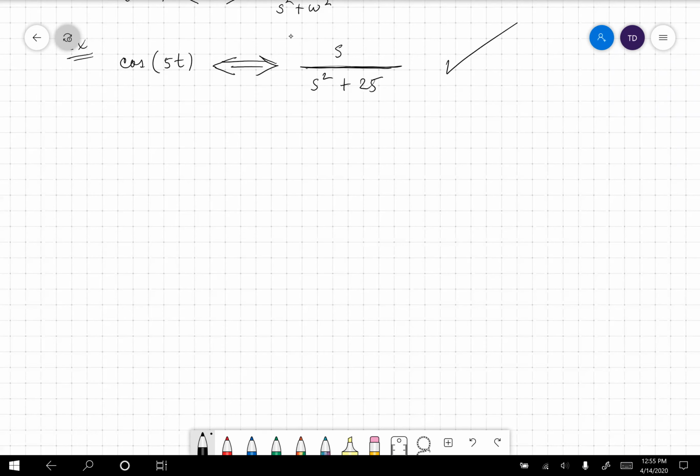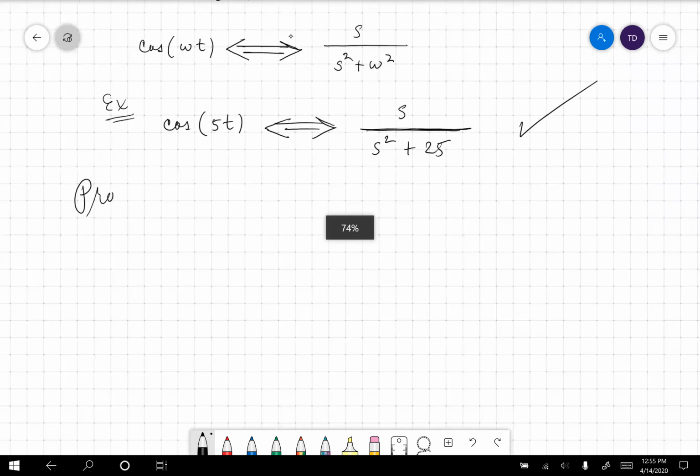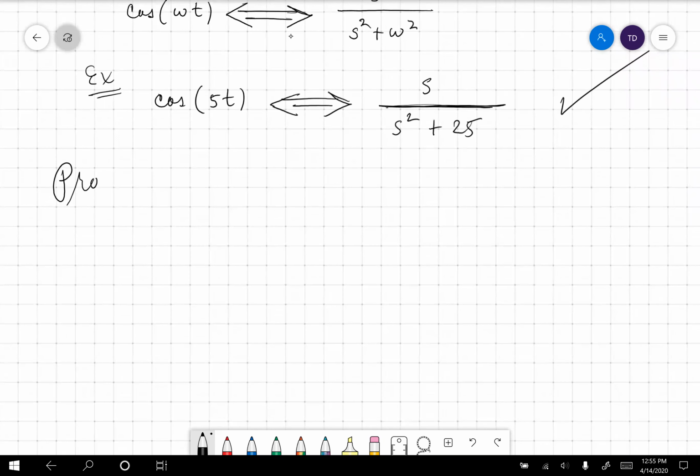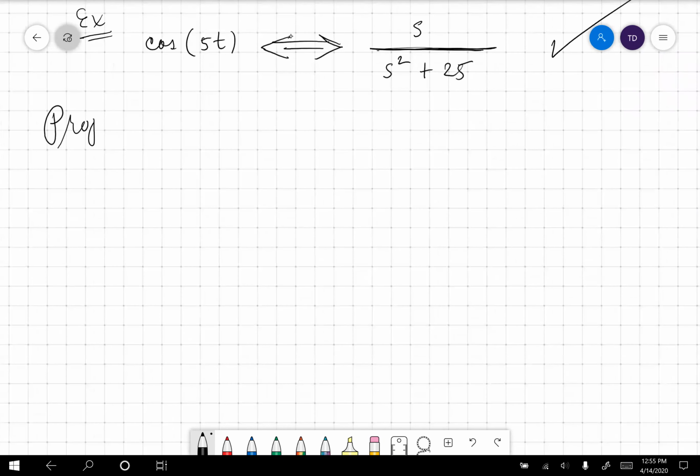So let's start with these properties. And we'll start with two of the most basic. They're both related to linearity.